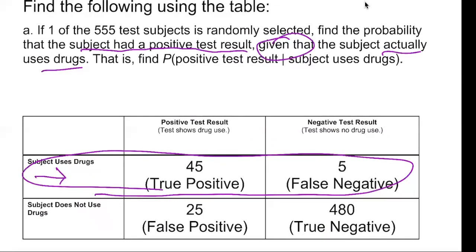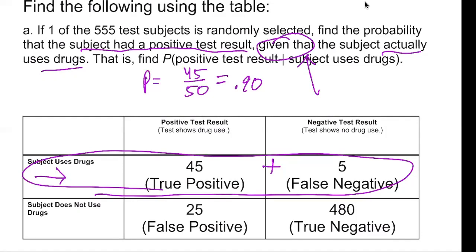So my total here is 50 subjects. Positive test result is 45. But there's only 50 because I'm adding all the tests just in that row. This is 0.90. So my condition is the given statement, and I focus on a row or a column.